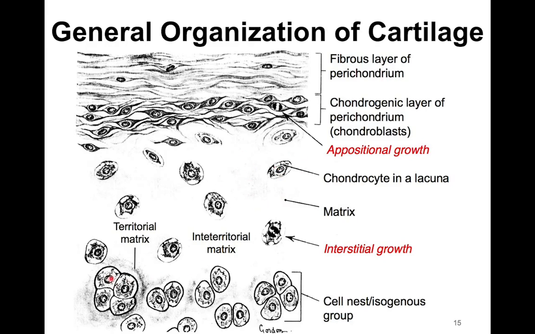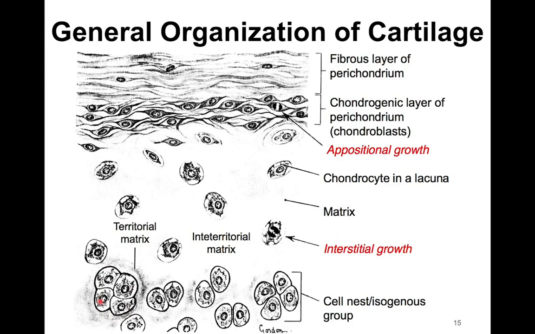So most of the time, the newly formed chondrocytes will remain together and form an isogenous group or cell nest. Due to the rigidity of the matrix, they cannot migrate, so they will stay together and form an isogenous group or cell nest.